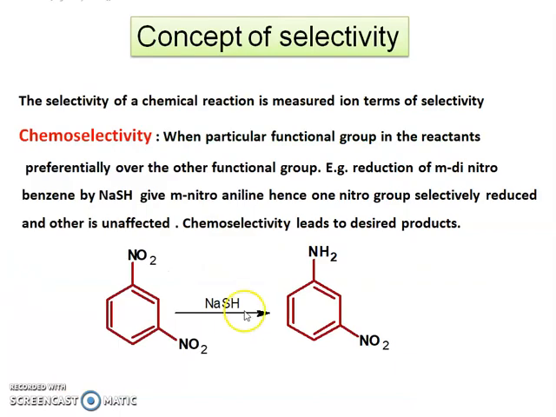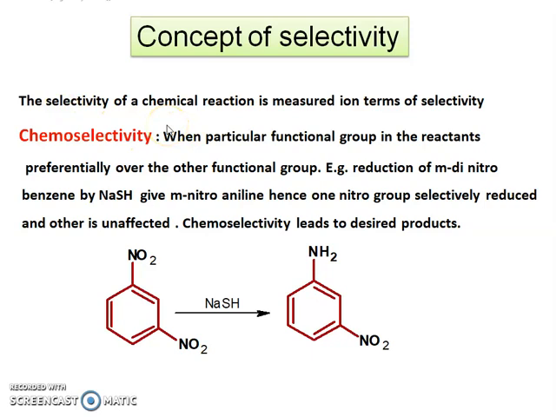Next point, we are going to the concept of selectivity. Two types of selectivity we have seen in the chapters. The selectivity of chemical reactions is measured in terms of selectivity.